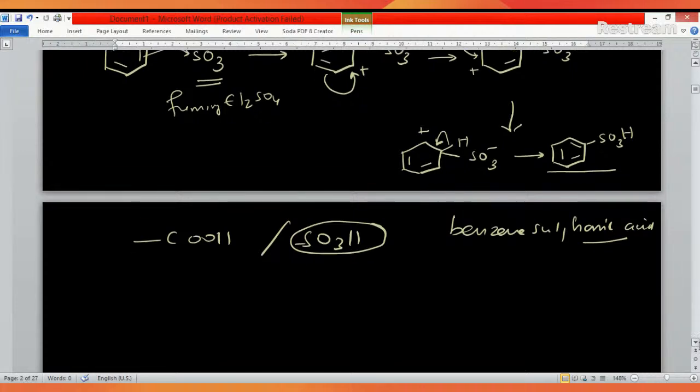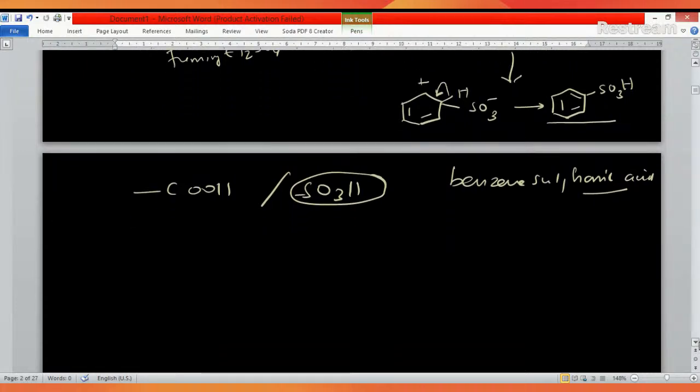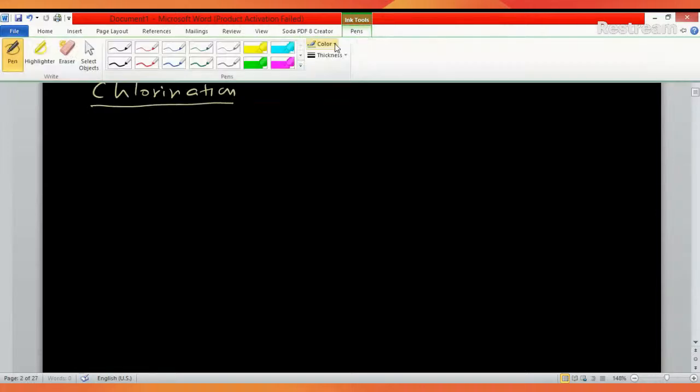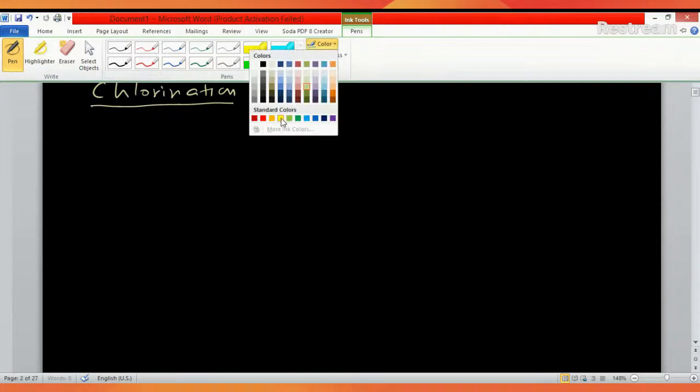And another reaction under the same electrophilic substitution of benzene is chlorination. How to chlorinate benzene? The chlorination can be done as follows.